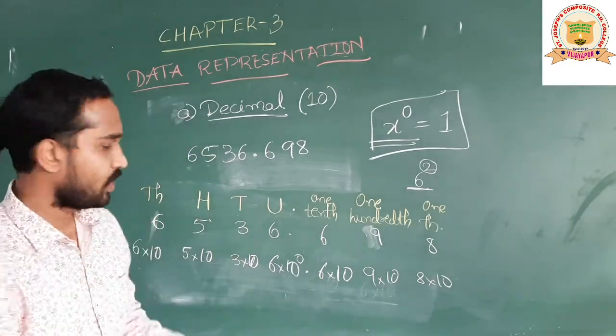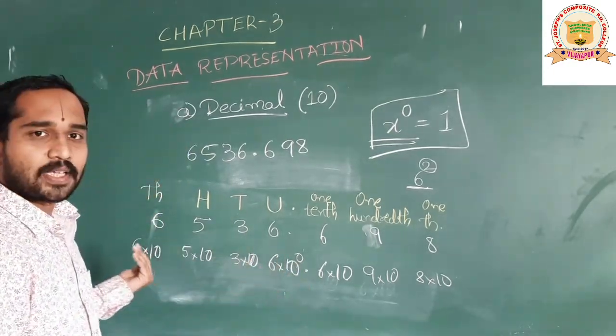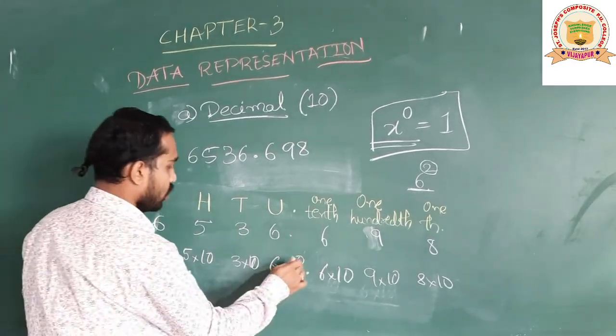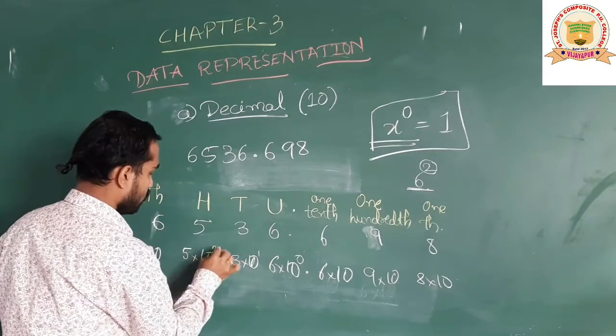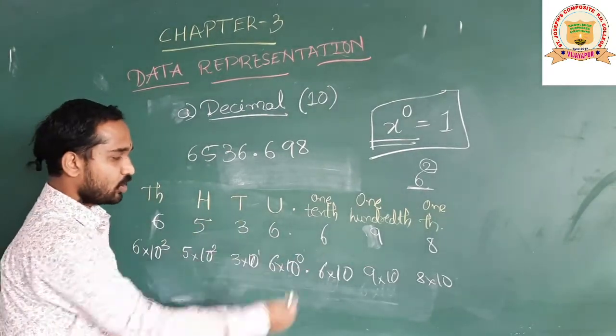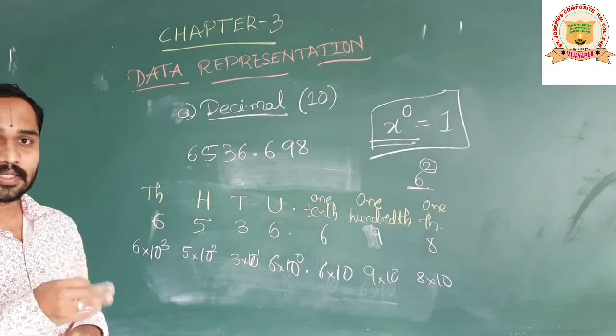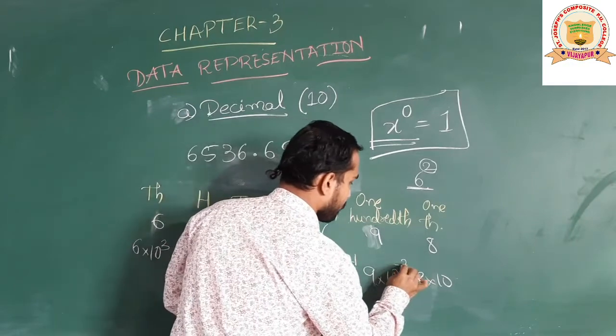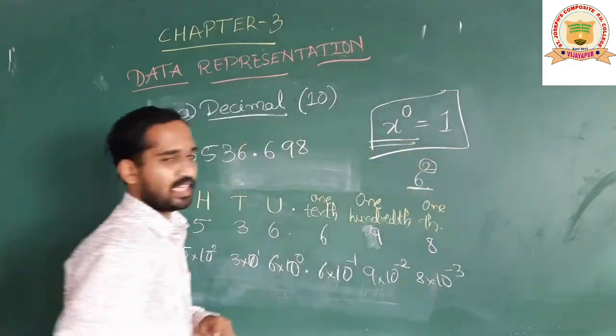This is fixed. As you move to the left, the exponent has to increase: 0, 1, 2, 3. As you move to the right, the exponent has to decrease: from 0 it will be minus 1, minus 2, minus 3.